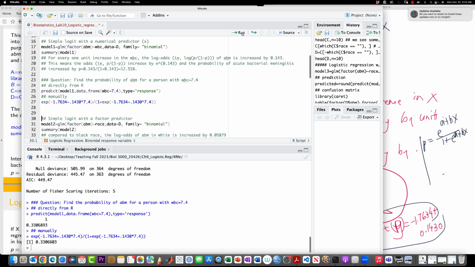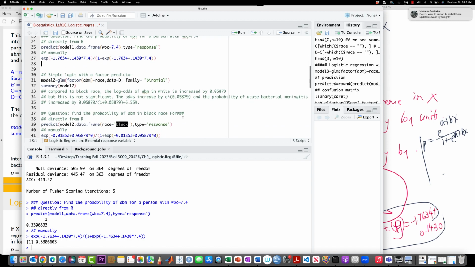That's what we got, and either way we get the same, very close, result. It is giving the same result to 4 decimal places. So that is the probability that a person with WBC equals 7.4 has acute bacterial meningitis.